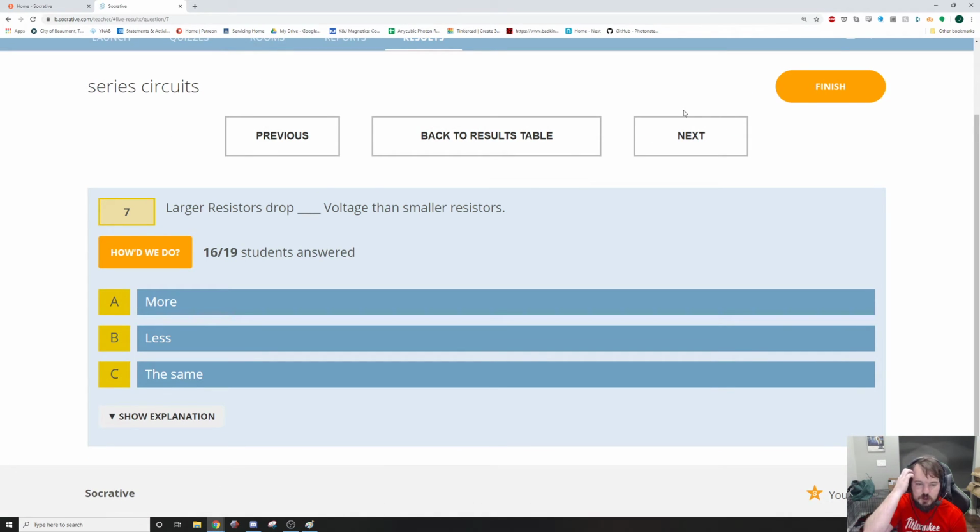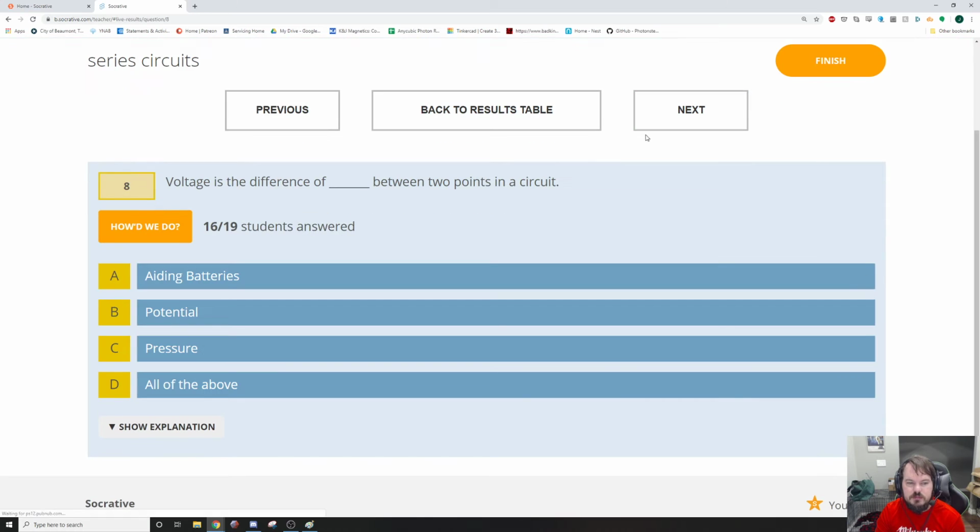Larger resistors drop more voltage because they provide more opposition to the flow of current. Voltage is the difference of potential. That is the definition of voltage.